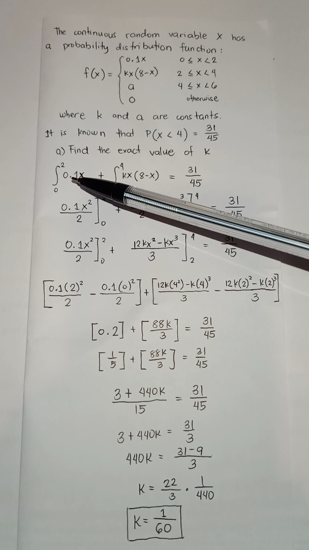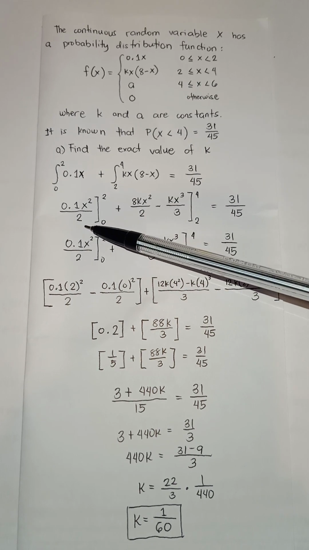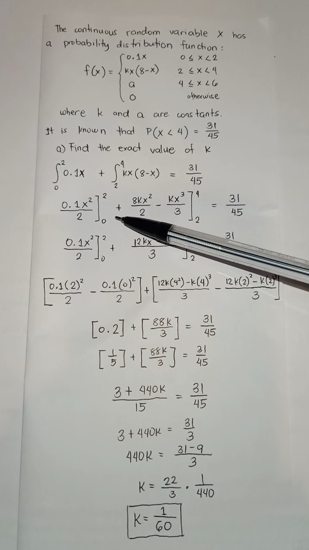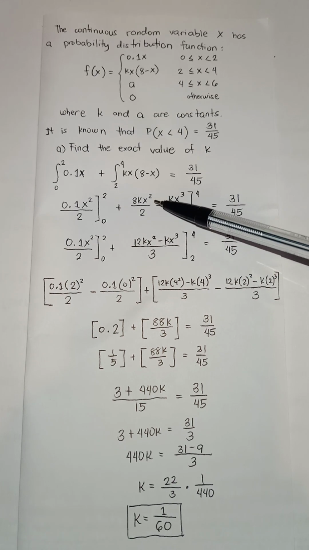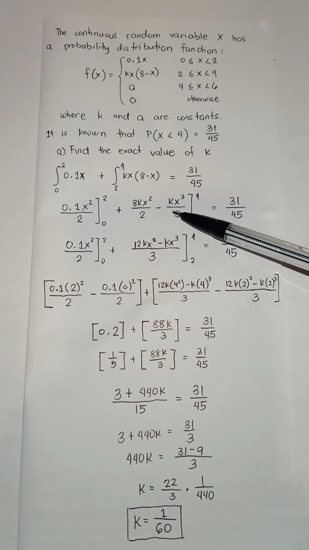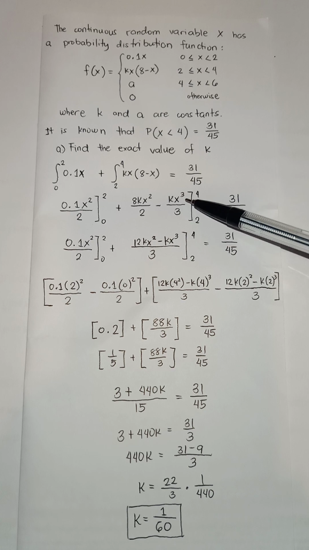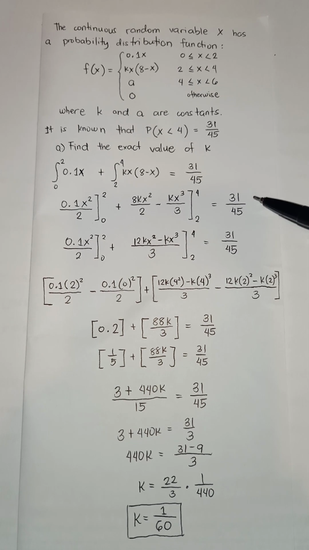Then by using integration, we have 0.1x squared over 2 from 0 to 2 plus, I just distributed kx to 8 minus x, so we have 8kx squared over 2 minus kx cubed over 3, integrated from 2 to 4, again still equal to 31 over 45.